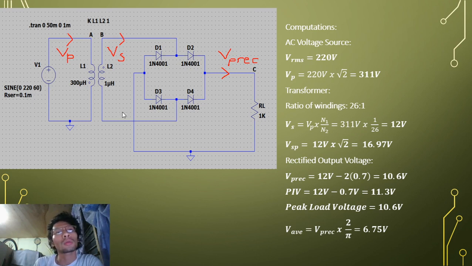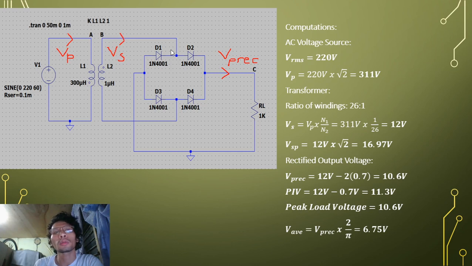From the primary input voltage, which is the VP or V primary, the voltage is 220 volts AC with 60 Hz frequency. Then traveling to the step-down transformer from 220 volts to 12 volts AC. On the right side will be the secondary voltage or VS.